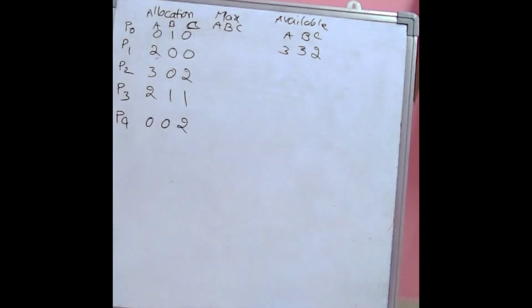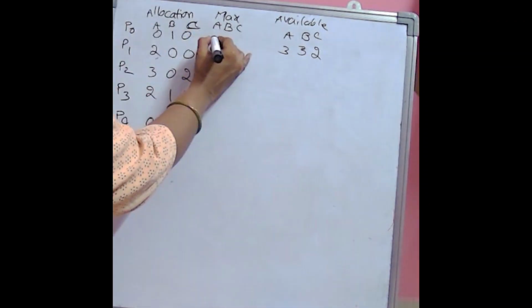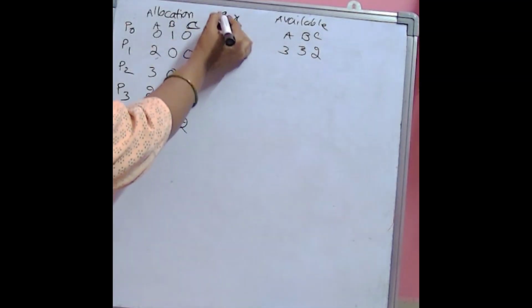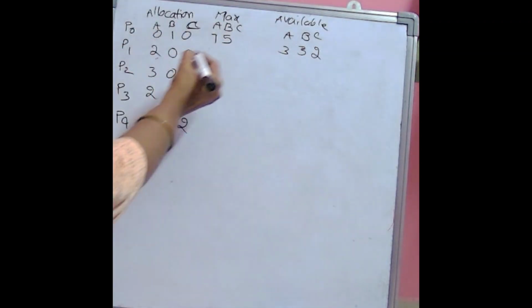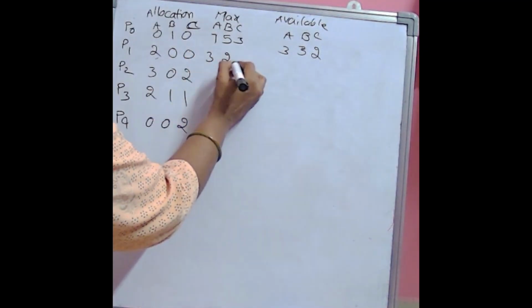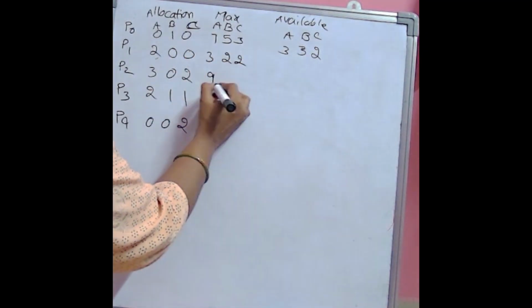For that, the information we require is the maximum. That will also be provided in the exam. To complete process P0's execution, it requires a total of 7 units of A type resources, 5 units of B, and 3 units of C. Like that, for every process, this is the maximum requirement.